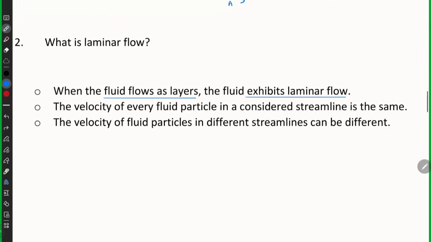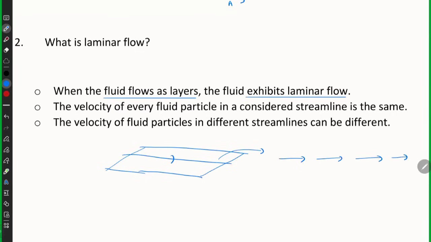The velocity of every fluid particle in a considered streamline is the same. What do you mean by that? That means if you consider a particular layer, and think about a particular streamline in that layer, what can you say?